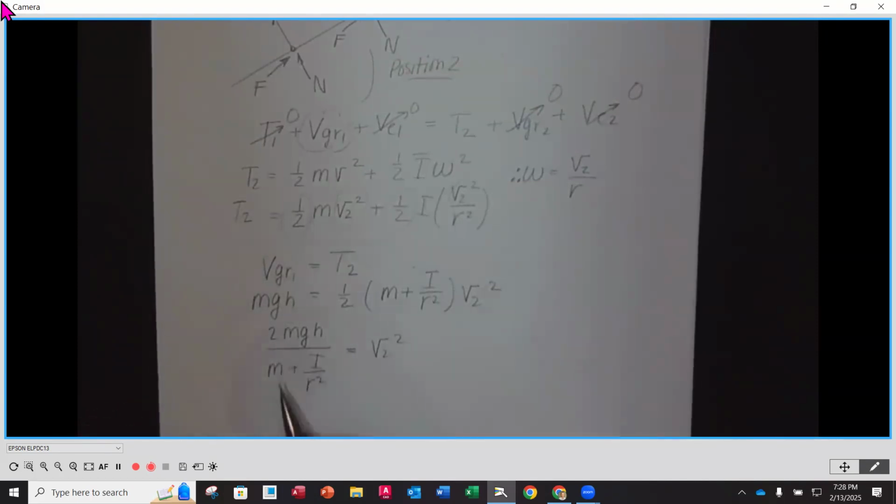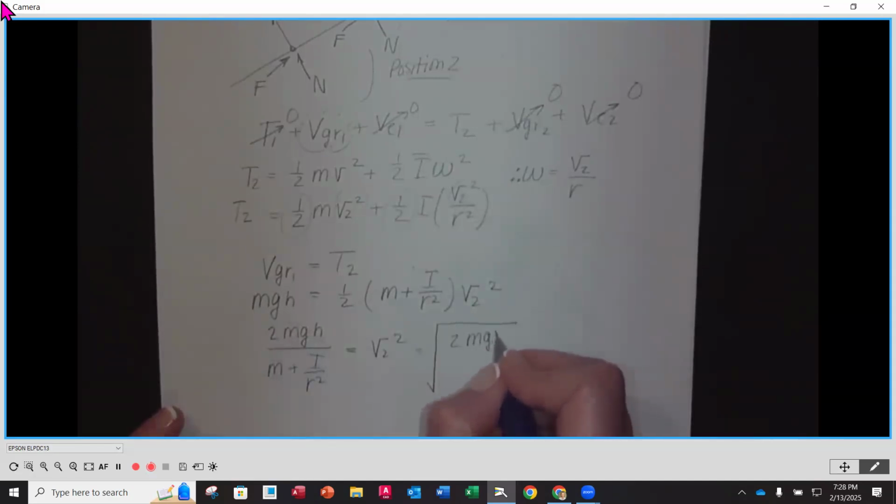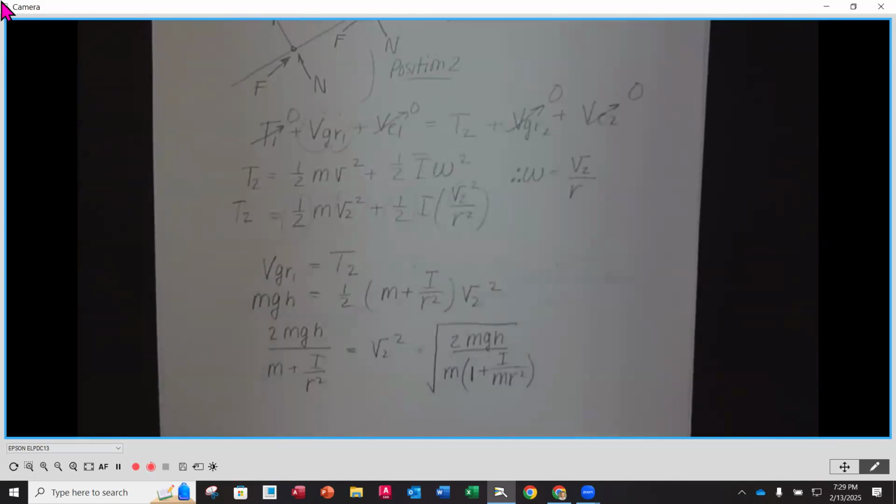Now, I want to try to get my mass to cancel out. So to do that, I want to factor mass out of the bottom, so then the masses can just cancel top to bottom. I'm going to say 2mgh divided by, now I'm going to pull the m out, and that's going to be a 1 here, plus moment of inertia. I had to multiply this second one times m so that I could factor it out.